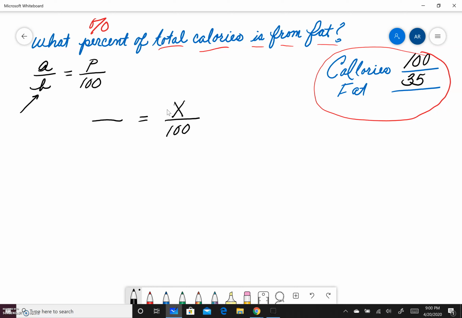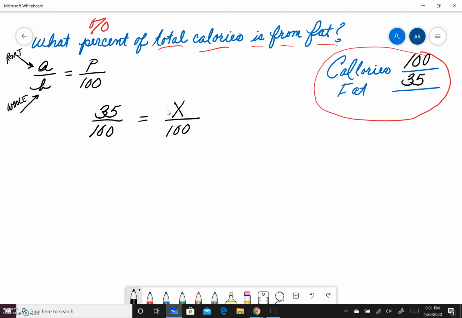Whatever's in the bottom part, this is the whole amount, and this is the partial amount. So the whole amount of calories is 100. So the whole amount would go down here. And the partial amount is the fat, which is 35. So that's another way of looking at an equation in terms of percentages. The part on the top and the whole on the bottom.